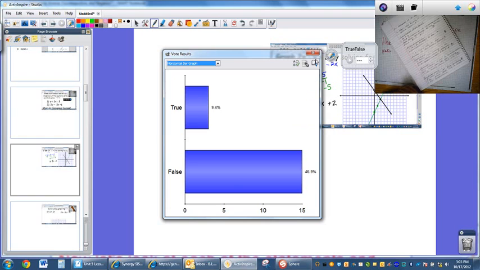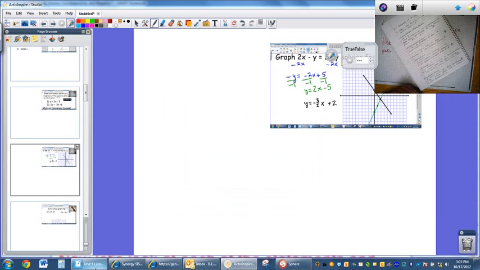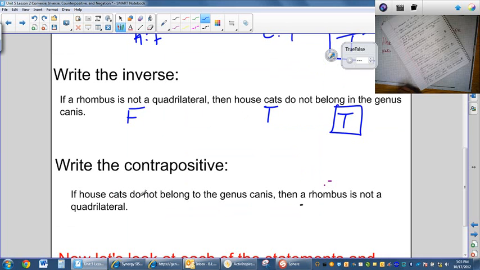Well, for the most part. Let's take a look at this. If house cats do not belong to the genus Canis, that is true. Then a rhombus is not a quadrilateral, that's false. If true, then false, is false.